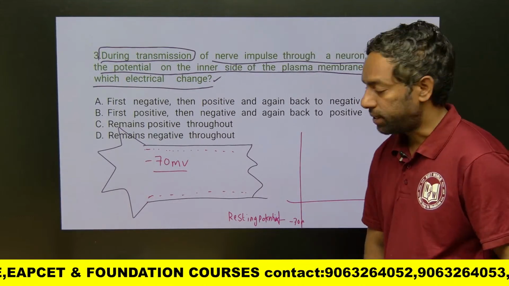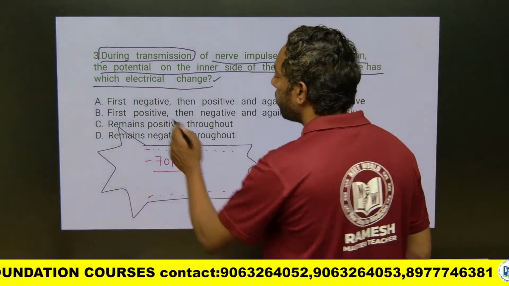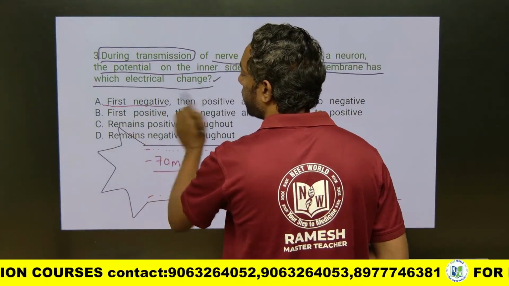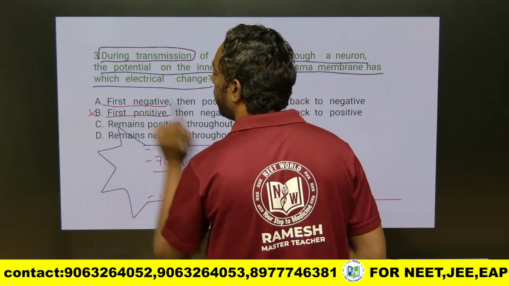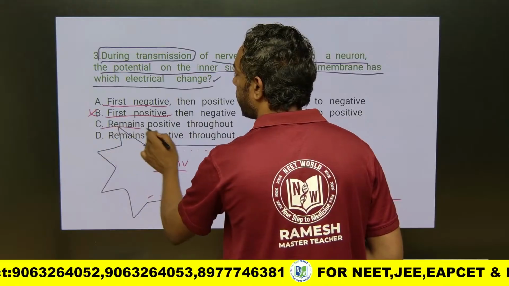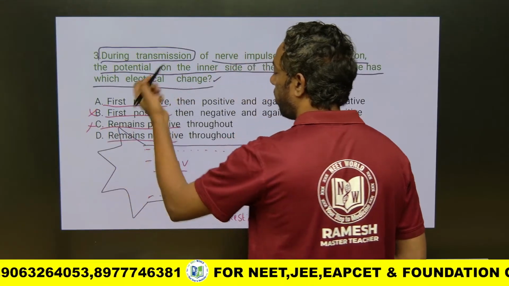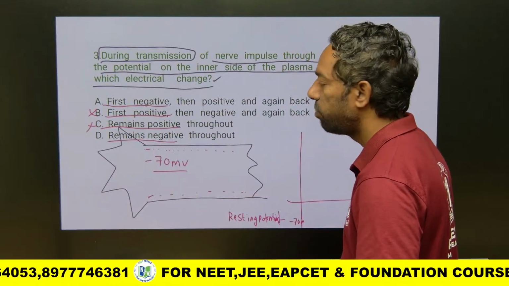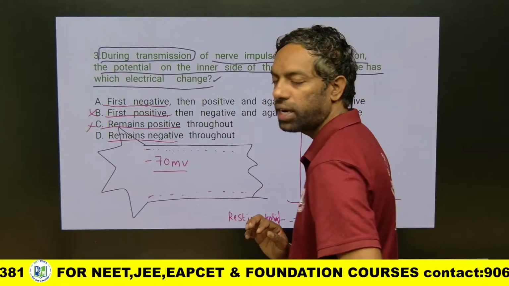If any channel opens, first negative, first positive, this is wrong. First is not positive at all. Remains positive is also wrong. Remain negative, either option 1 or 4, either A or D. So minus 70 is there.